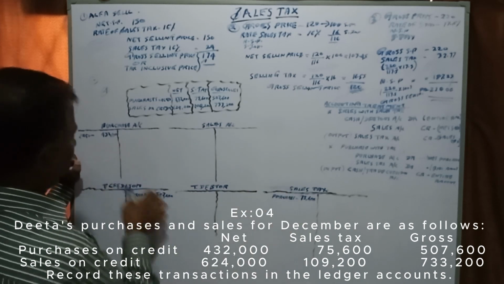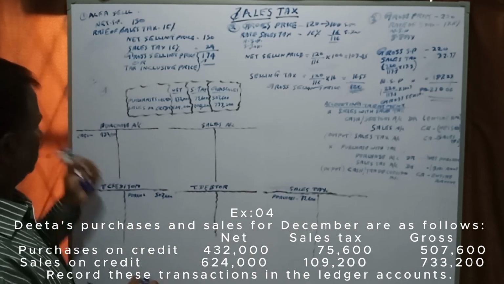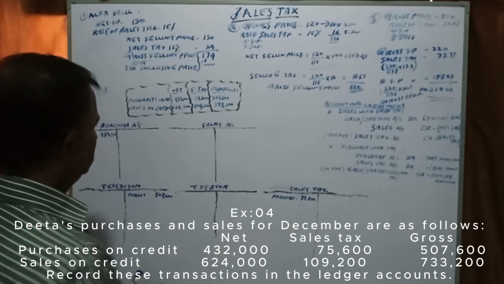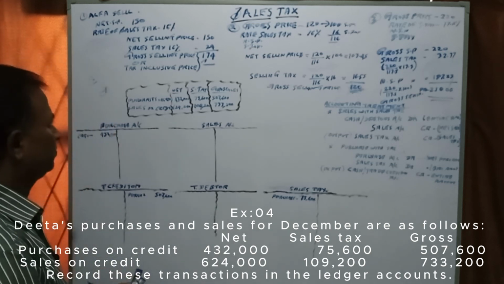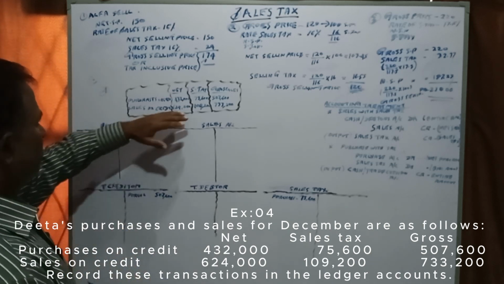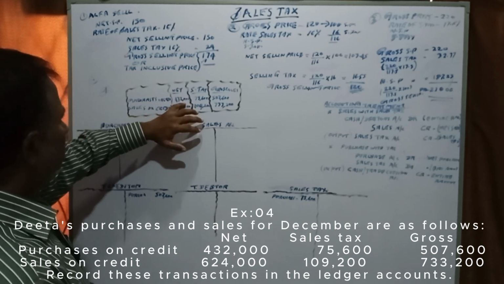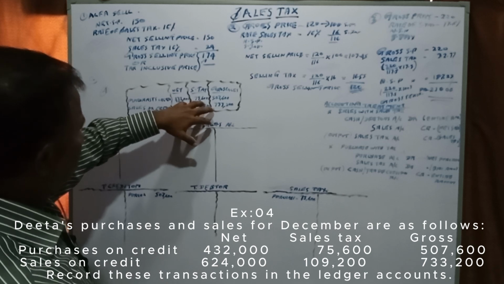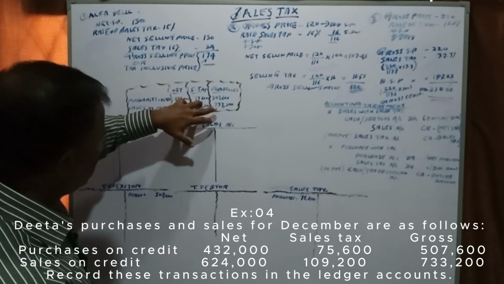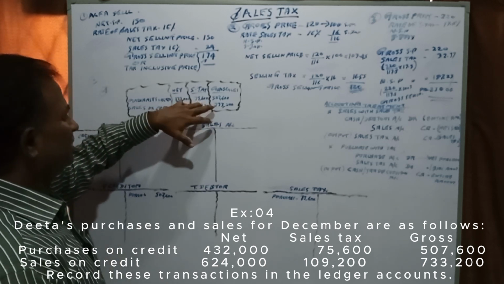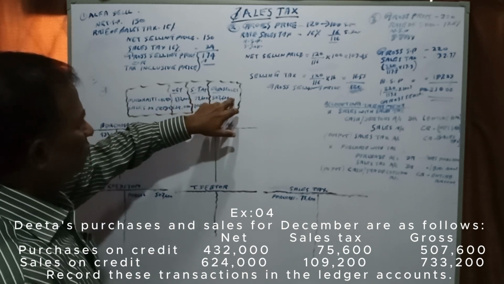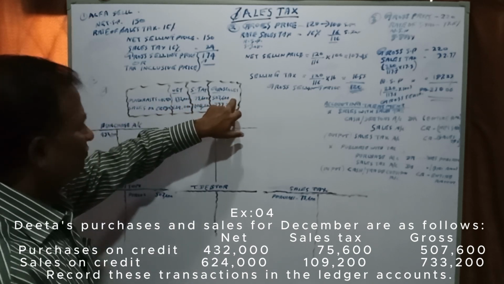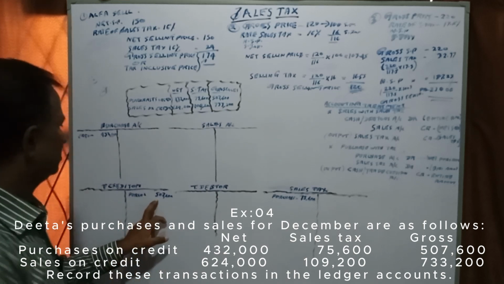If you add these two, it should be equal to this one. Okay, understood. So purchase account debit 432,000, sales tax account debit 75,600. This goes to the trade creditors, 507,600.